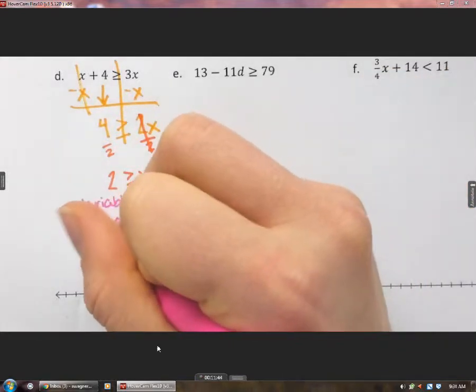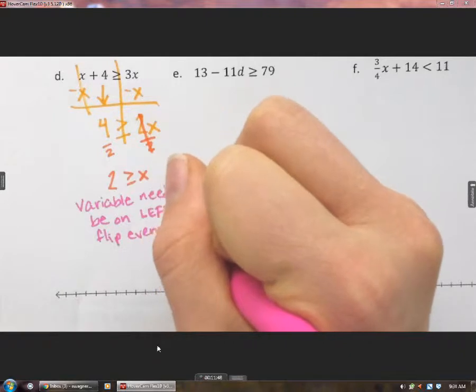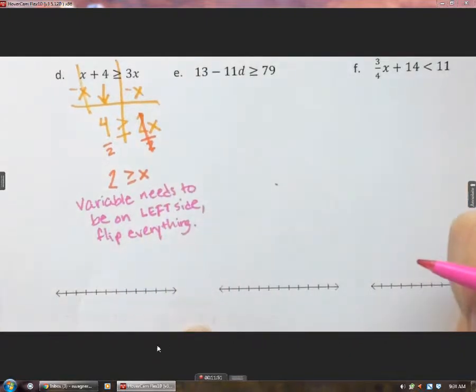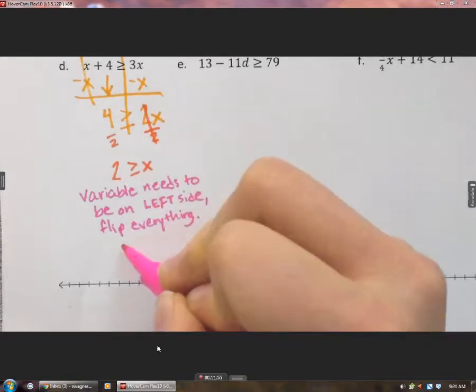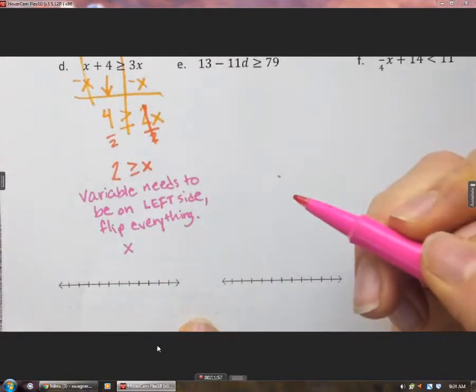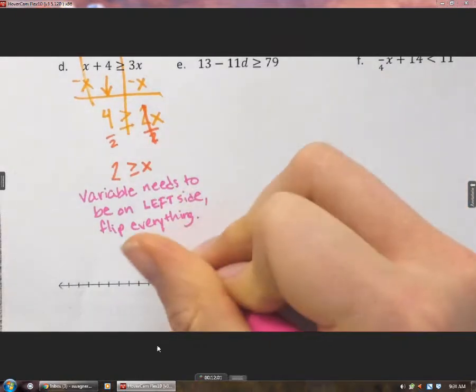So we can flip everything. Which means instead of writing a 2 first, I'm going to write it backwards. I'll write x is less than or equal to 2. I'll switch the sign, flip it, and then have a 2.